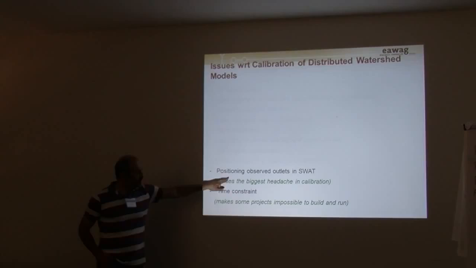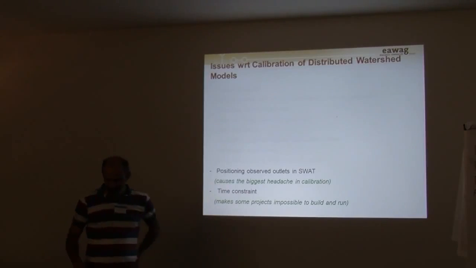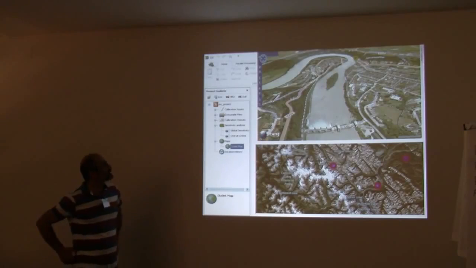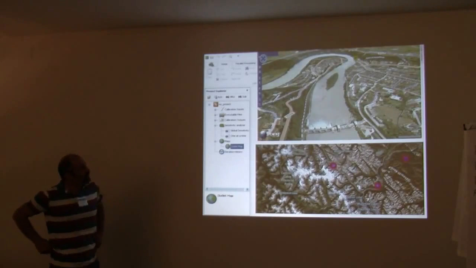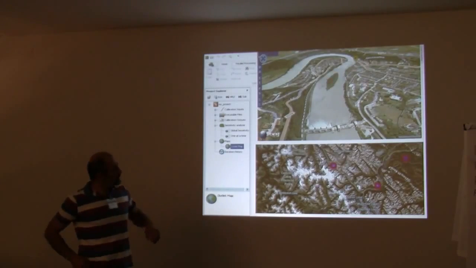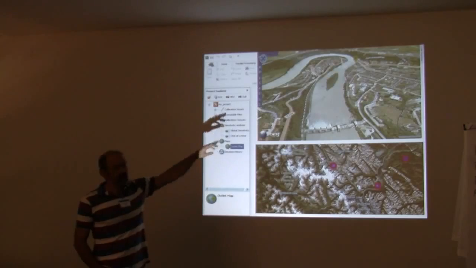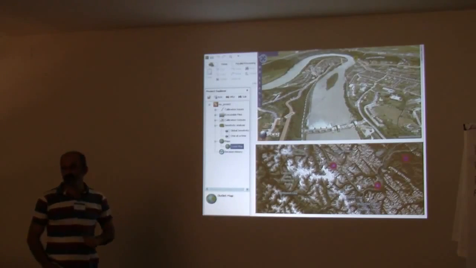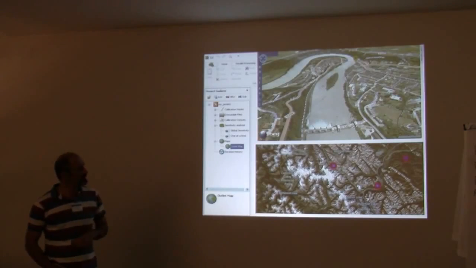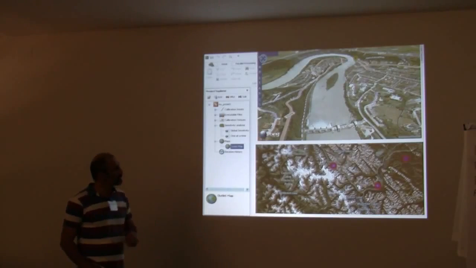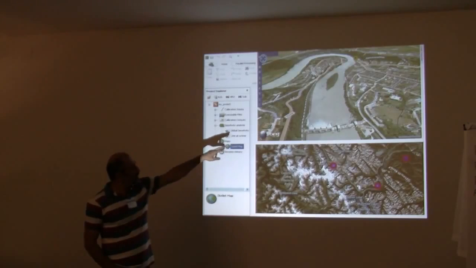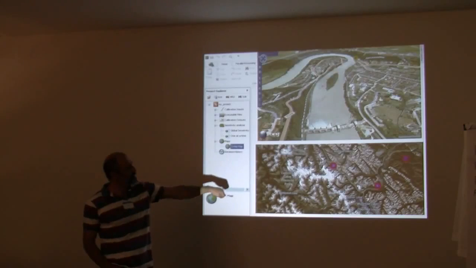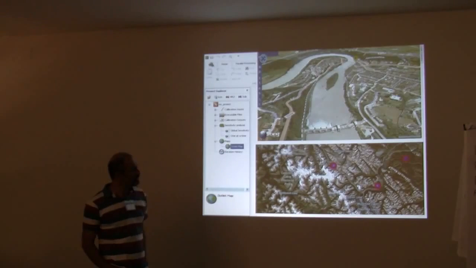Now, positioning observed outlets in SWAT sometimes becomes really a problem, for different reasons. One is that you may get the outlet completely on a wrong river, and this happens very often in our large Black Sea and European models. The other thing is that the outlet may be just downstream of a dam where water is managed.